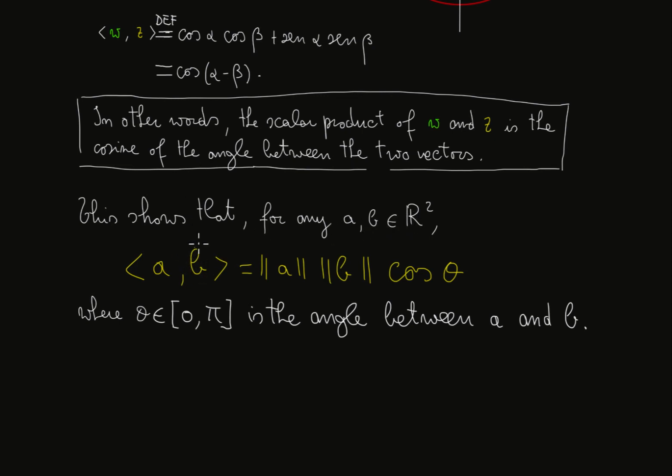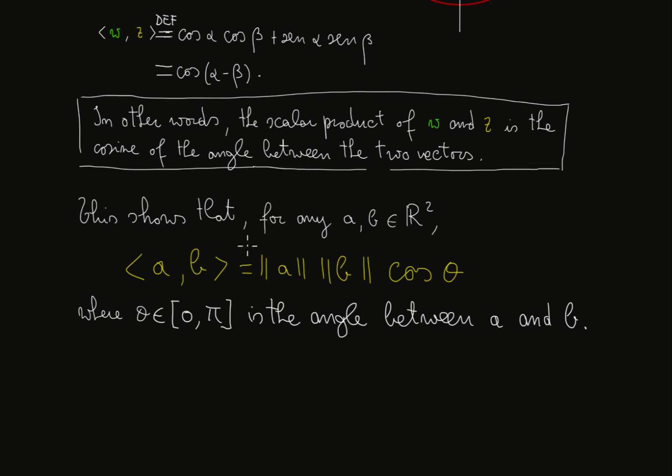As we have seen before, the expression of the scalar product between two vectors in function of norm 1 vectors was obtained by pulling out of the operation of scalar product the norms of A and B, the norms of the vectors.